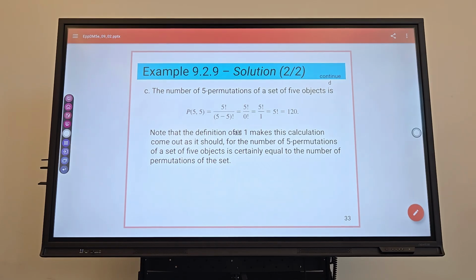The number of 5-permutations of a set of 5 objects is 5 factorial, because you're using all of the objects.